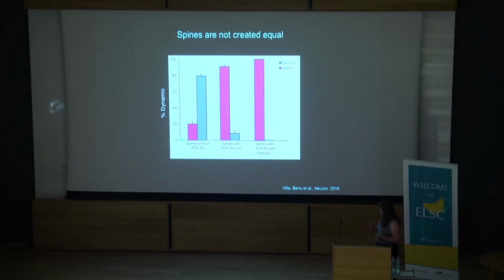They are unequal in terms of their synaptic distribution, but this unequal distribution also reflects a different dynamic behavior. If you look at the spines without PSD95, even though they account for only about 15% of the spine population, they account for 80% of the dynamic.